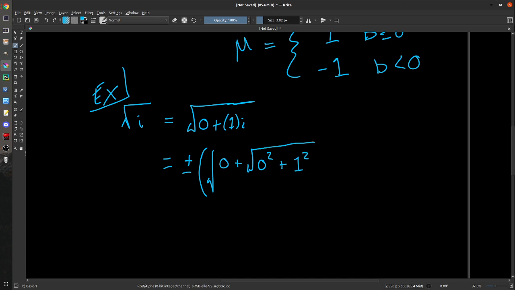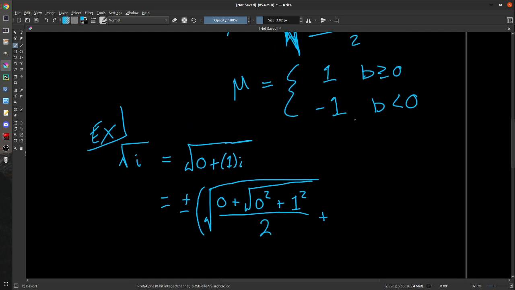We'll put that all in that square root, and then it's going to be over 2. That's the alpha term. And then I'll go plus mu. Remember, mu is going to be 1 if b is greater than or equal to 0, and -1 if b is less than 0. So since b is greater than or equal to 0, that's just a 1. Times 1, and now we'll do the beta term, which is exactly the same as the alpha term, except that instead of a, it starts with a minus a.